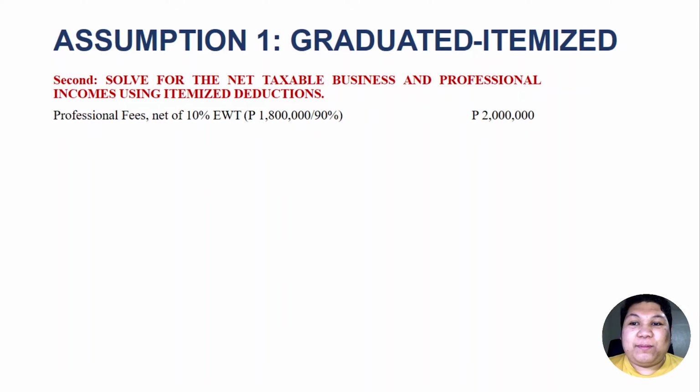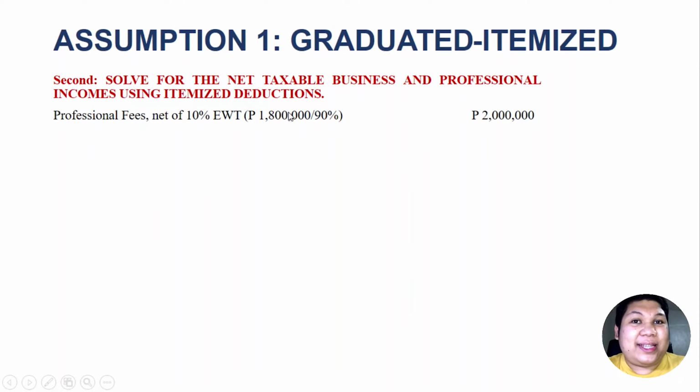So Juan's professional fees or revenue from his practice of profession was 1,800,000, but that 1,800,000 is already net of the 10% EWT or expanded withholding tax. We will have first to solve for the gross amount, since that 1,800,000 is already net of the tax.